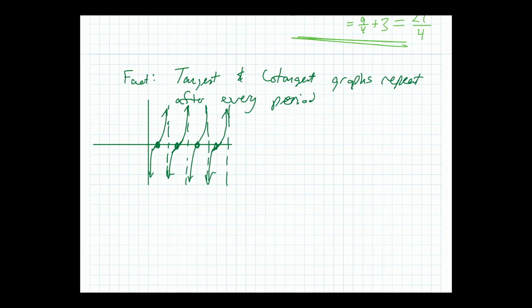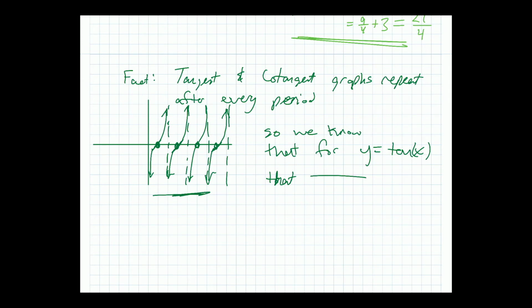We know that for, let's say, y equals tangent x. Now I drew a cotangent here. This looks like a cotangent, not a tangent. But we know that for y equals tangent x, that's the original graph that I drew, that we had these values. I'm going to draw them again.